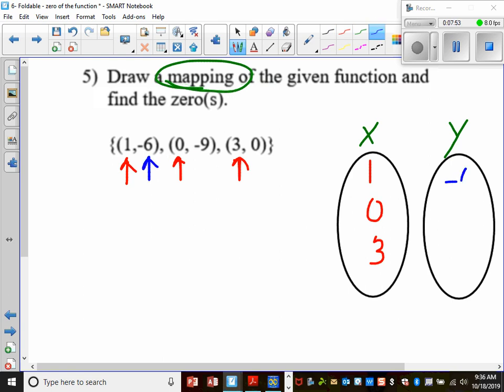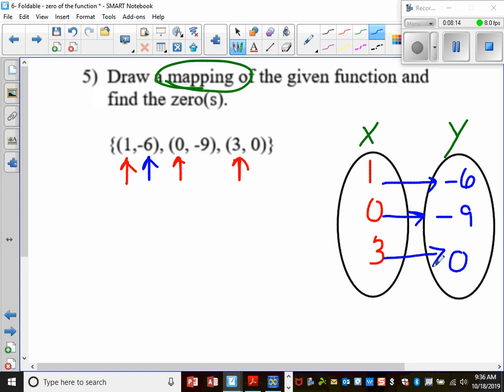So -6, -9, and 0. Now, we do show arrows pointing how they pair up as an ordered pair. So we just simply draw arrows to show that 1 pairs up with -6, 0 with -9, 3 with 0.